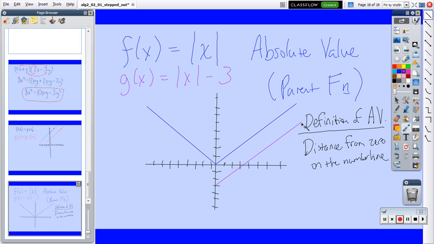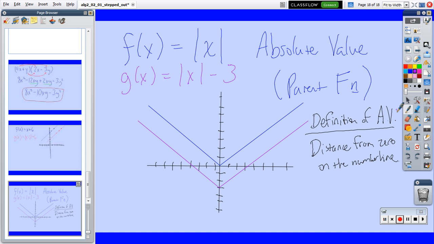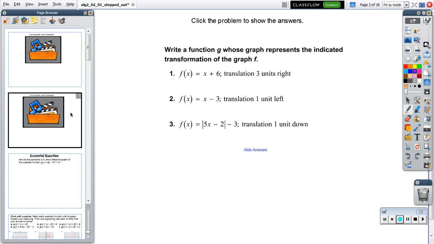And again, these lines would be parallel. There you can see g of x equals absolute value of x minus 3. The -3 is on the outside, so it's just a vertical shift down 3 units. So we got these 3.